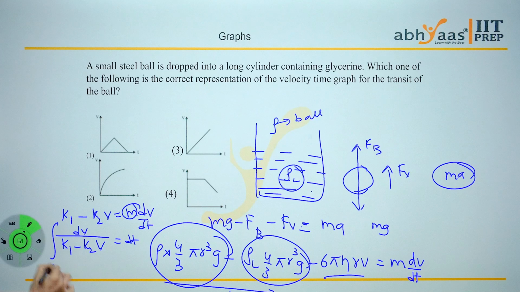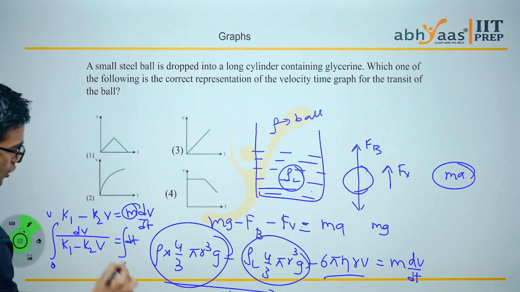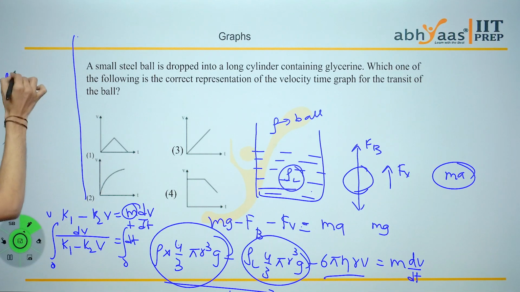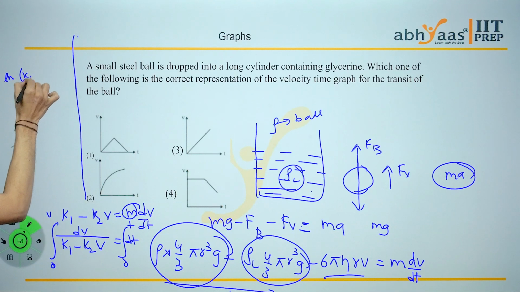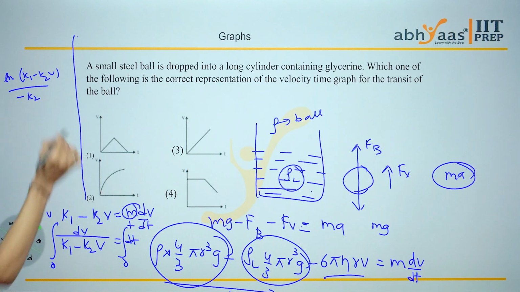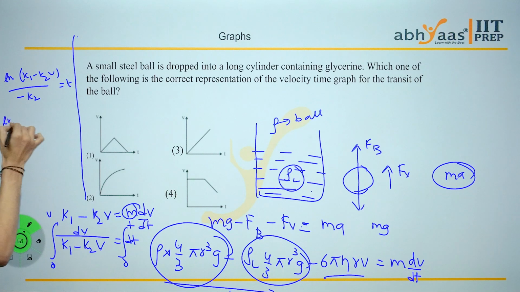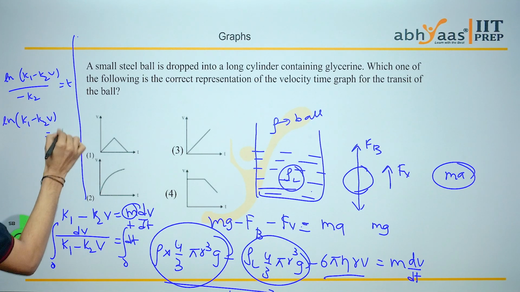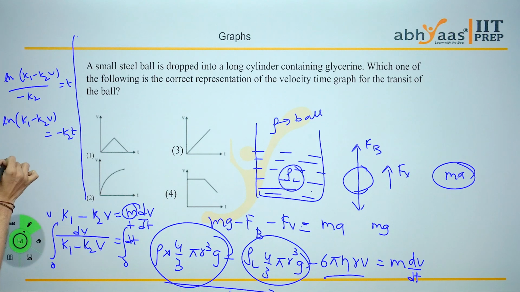If you integrate from 0 to V and 0 to T, you get ln (K1 minus K2 V) by minus K2 equal to time T. So ln (K1 minus K2 V) is equal to minus K2 T.